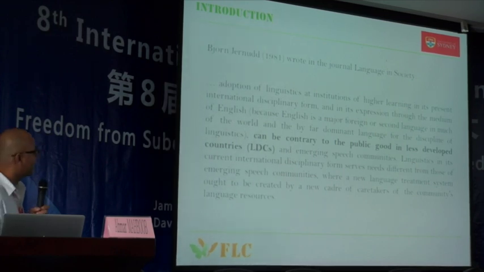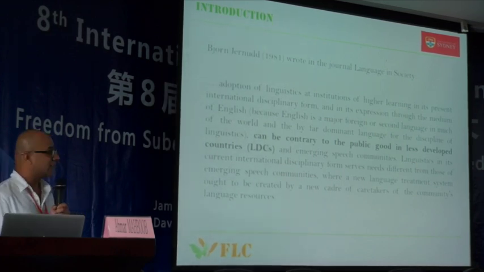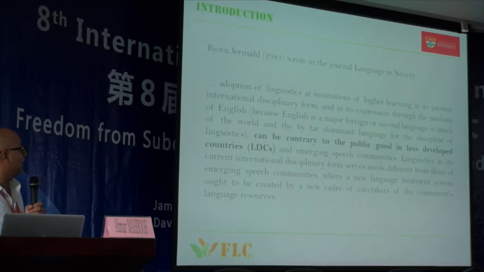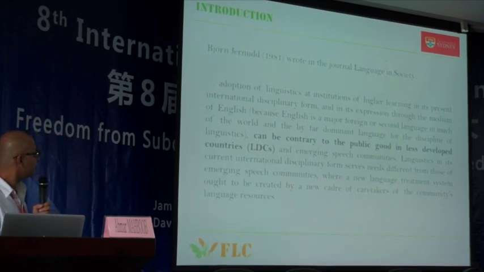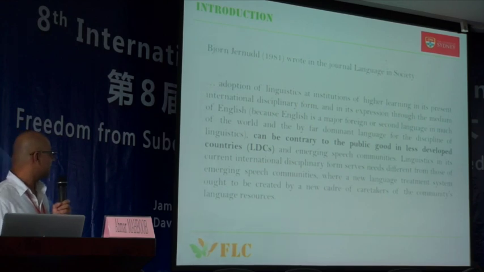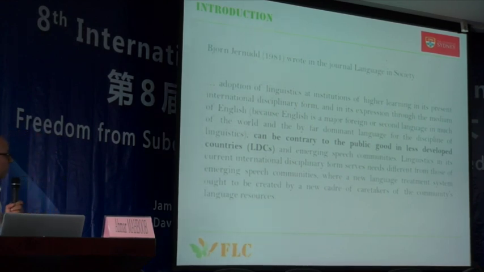This is of course my highlighting, but it's very important to stress this. Can be contrary to the public good in less developed countries and emerging speech communities. Linguistics in its current international disciplinary form serves needs different from those of emerging speech communities, where a new language treatment system ought to be created by a new cadre of caretakers of the community's language resources.